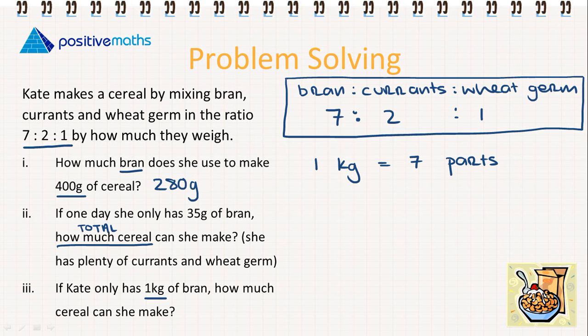Again, we want to find the total. Okay, so this time we have to just be careful here when we're dealing with kilograms and grams. We're going to change this into grams. So instead of using the 1 kilo, we're going to use 1,000 grams.